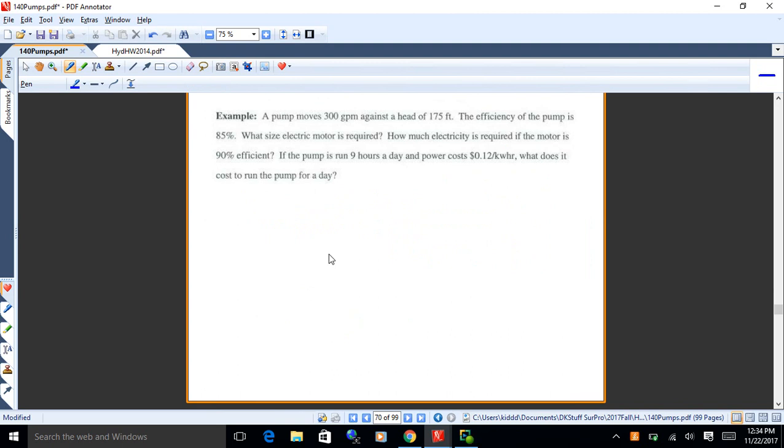Start with the water horsepower, then get the brake horsepower and the motor horsepower, and then you can get to the kilowatt hours and the cost. That's how you would work through that. So why don't you see if you can do that.